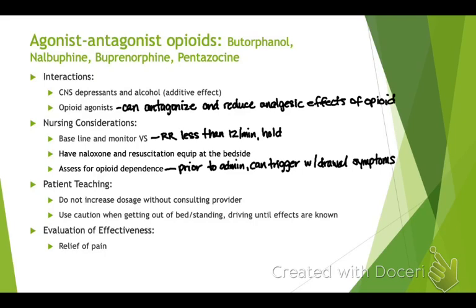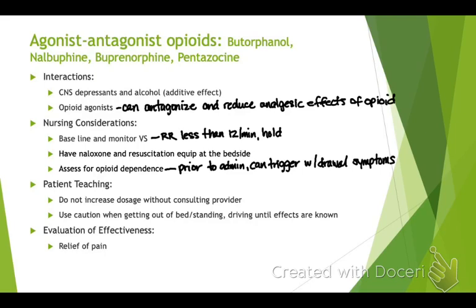They're going to be more prone to having stronger effect from it, and for those that have had it in the past, when you're giving an agonist, antagonist, whatever they're physically dependent on, it can have the antagonist effect on that opioid. So prior to administration, it can trigger a withdrawal symptom in the patient.